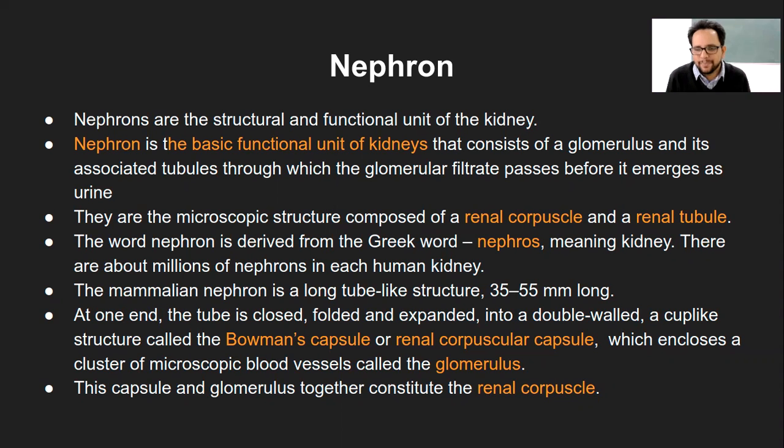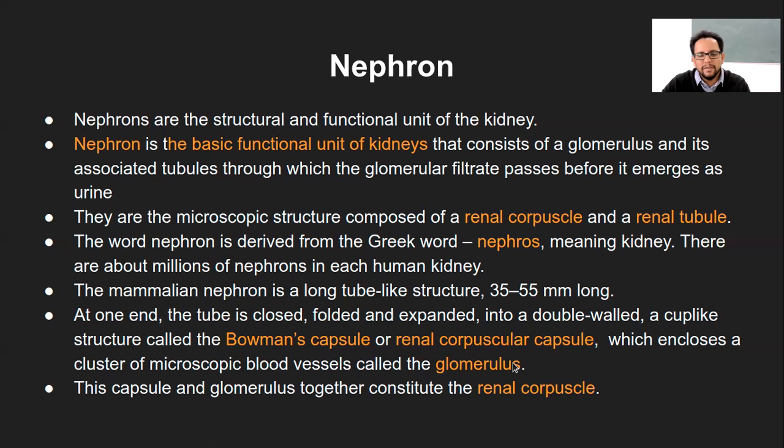That is a representation. And it has a double wall, a cup-like structure called Bowman's capsule. It is also called renal corpuscular capsule, right? You might have to remember all of these names because they are just alternate names of different structures. So that is Bowman's capsule or renal corpuscular capsule. Now, this will enclose a cluster of microscopic blood vessels called glomerulus.